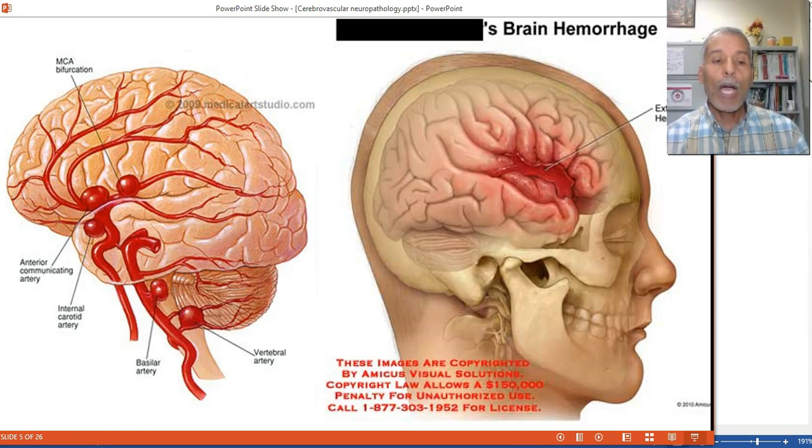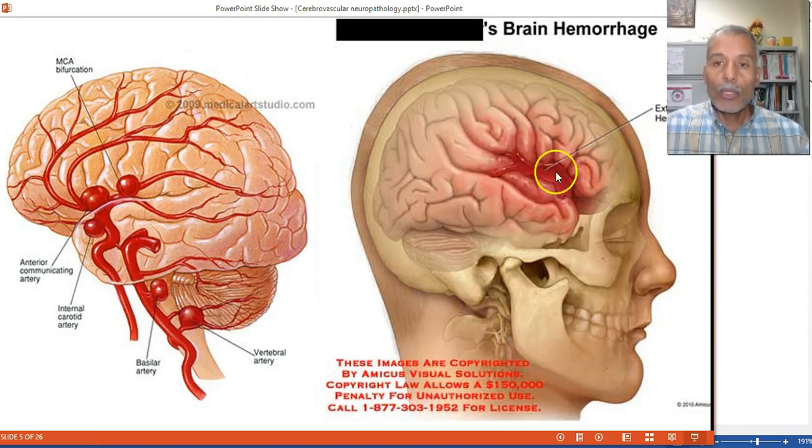Aneurysms are something that people are mostly born with, and they continue to grow. When they reach a bigger size, they are discovered by certain symptoms, such as headaches. If they are not discovered, then they rupture. They are going to cause a leak inside the skull, between the skull and the brain.